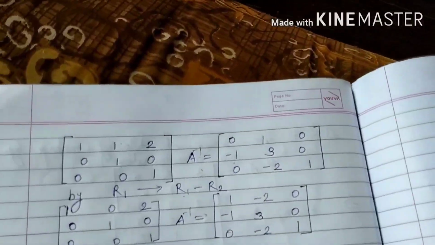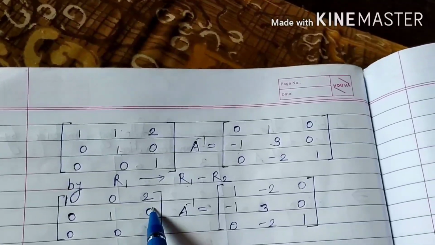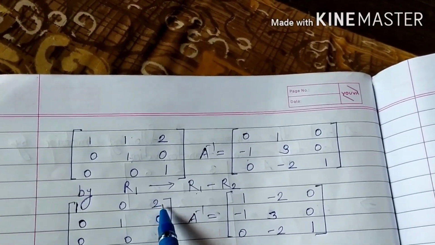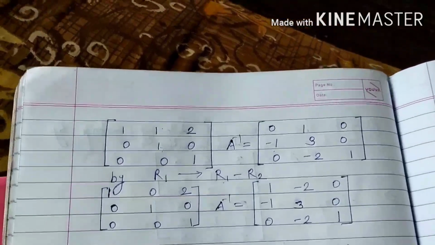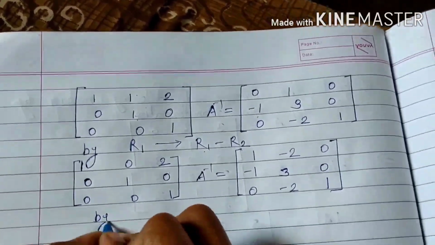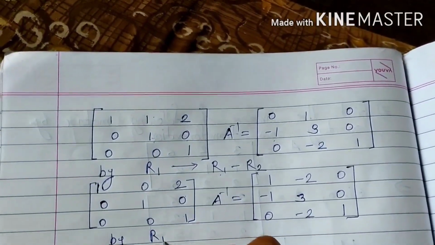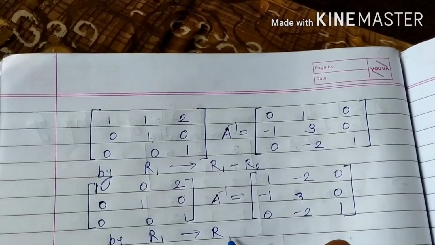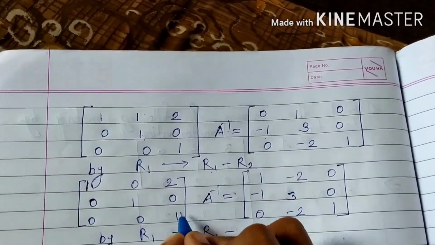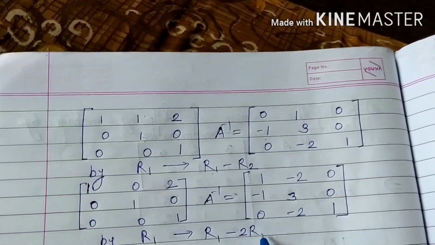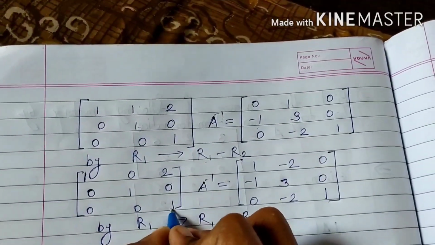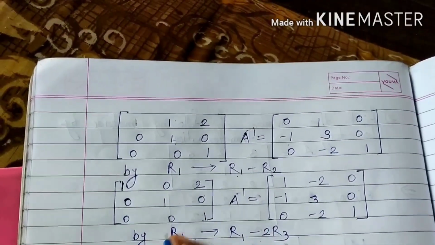Now here 1 is present, 0 is present, so you only make here 0. Take the operation R1 changes to R1 minus 2R3. With the help of R3 you can change R1 to 0.